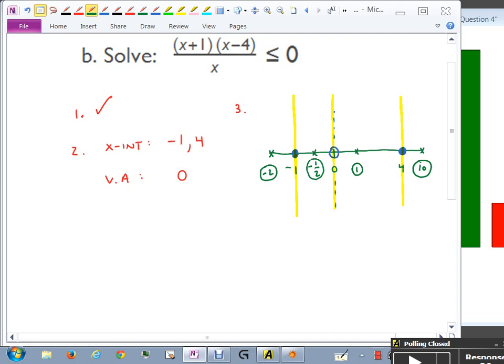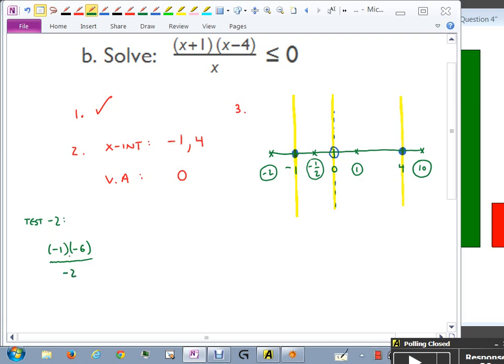So I've got my test points. I'm plugging those into the original inequality now, and I'm checking to see if it's true or false. So let's test the negative 2 first. What happens when you plug negative 2 in right here? Negative 1 times plugging in negative 2 here, you get negative 6 over negative 2.